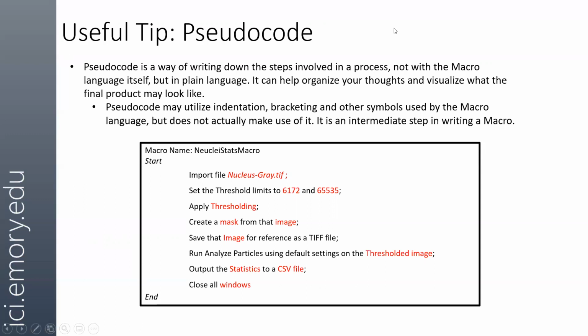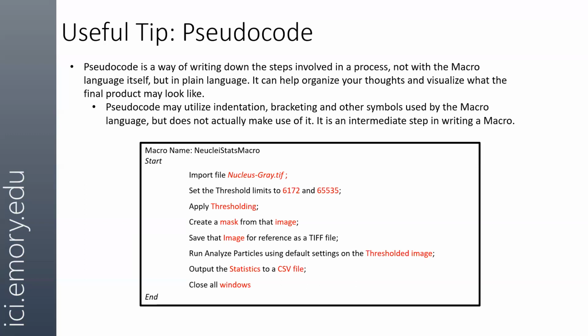We have our desired macro name at the top. Then we indicate this is the start of a macro, and then we go through our steps. We want to import this specific file, nucleus-gray.tiff. We want to threshold it like Gaurav did a few weeks ago, to these specific parameters.